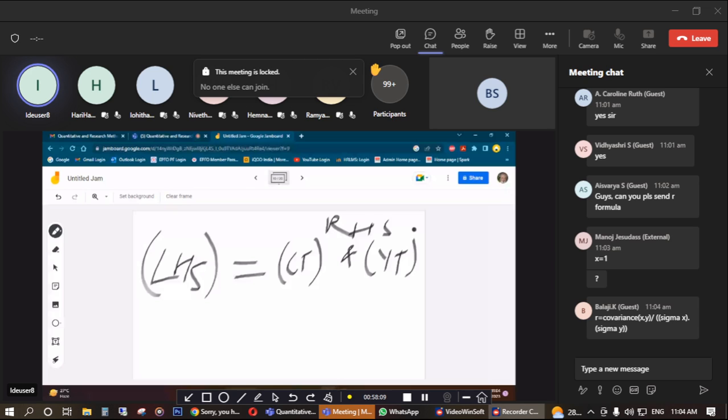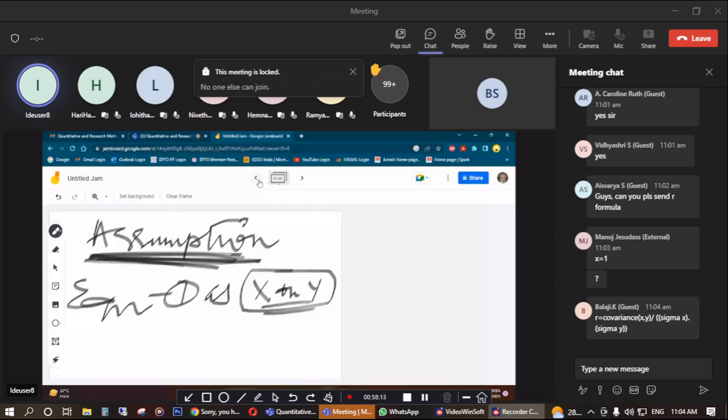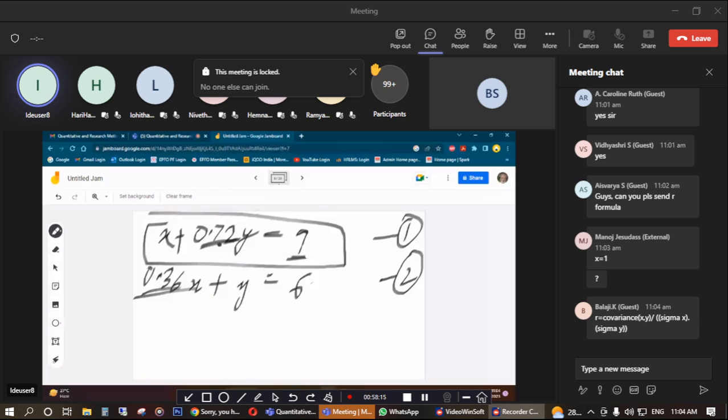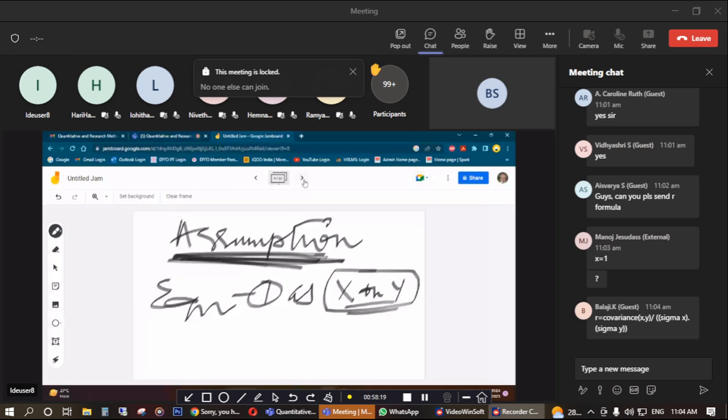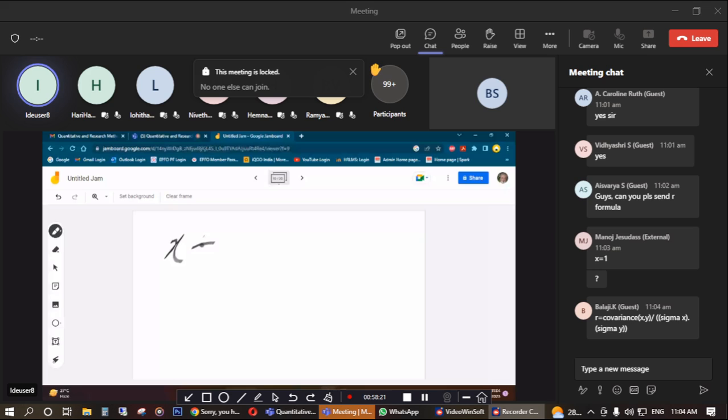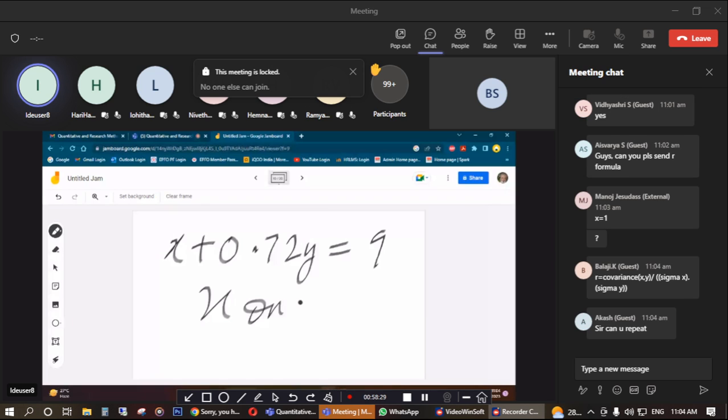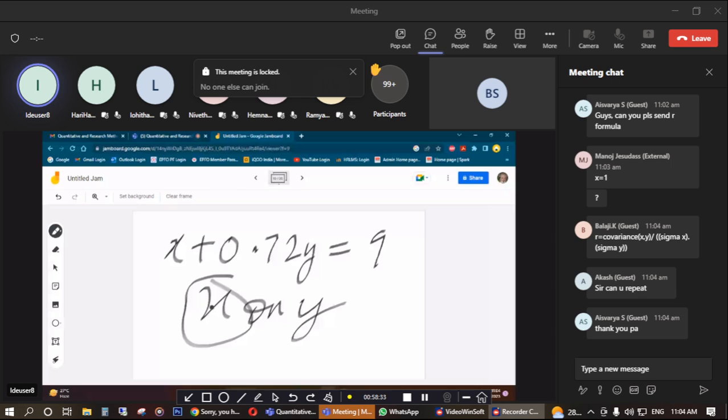If you don't understand, I will tell you how. The equation is x plus 0.72y is equal to 9. When I say x on y, I keep only x in the LHS. All the remaining things I throw to the right hand side.